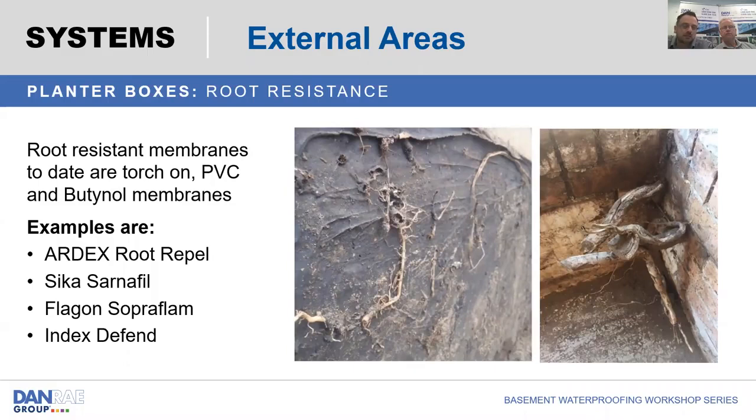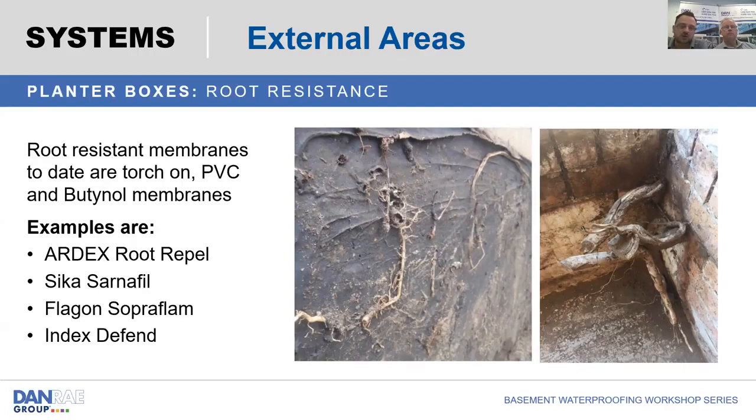You get a lot of issues with roots. Depending on how close the basement is to your trees and things that are planted near the walls, you can definitely get issues with roots, depending on how aggressive the root system is. As you can see, that picture in the middle is of a liquid polyurethane on a planter box wall, and the roots have just gone in and out.